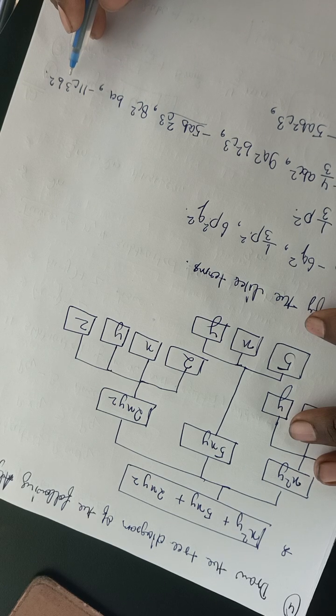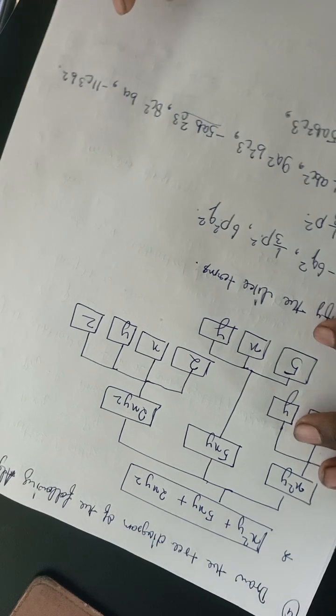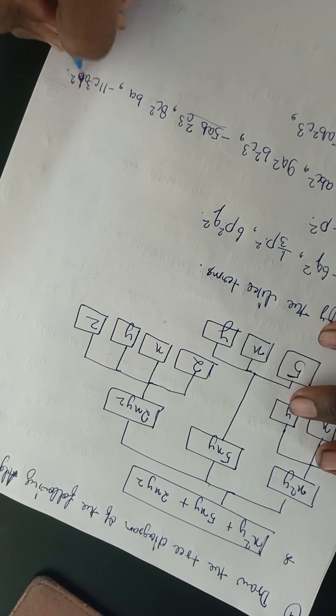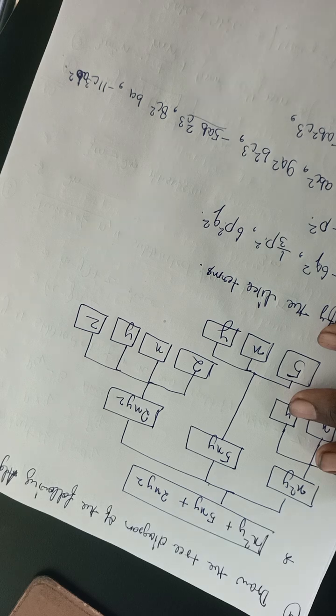Sorry, my mistake, this is c cube and ab square, and here also it is ab square and c cube.